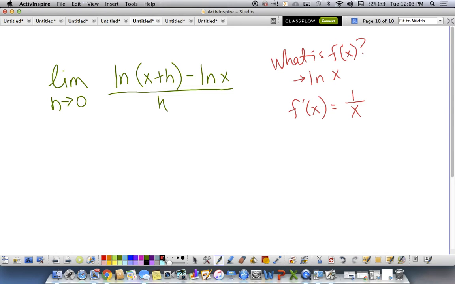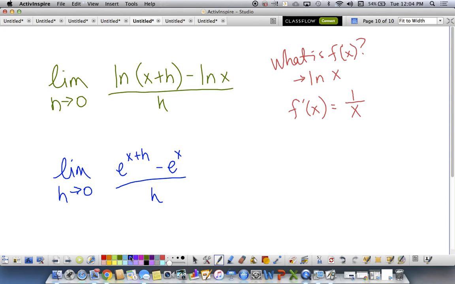What's the limit as h approaches 0 of e to the x plus h minus e to the x all over h? I thought e to the x equals natural log. They're completely different.